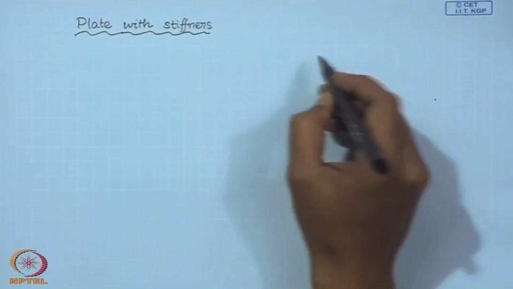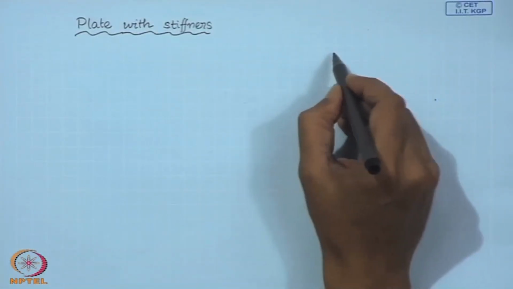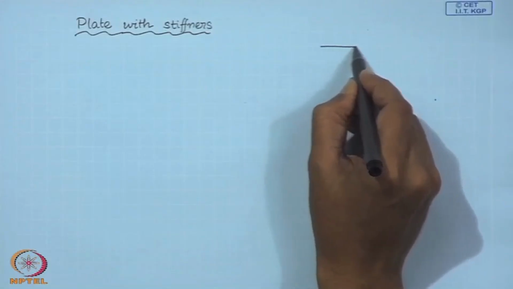So, a stiffened plate. So, the vibrations of a stiffened plate. So, we consider again a square plate.